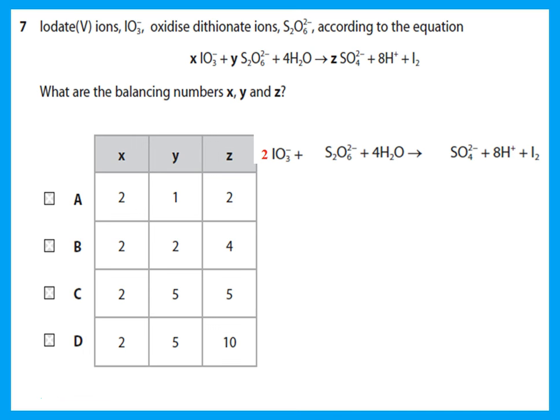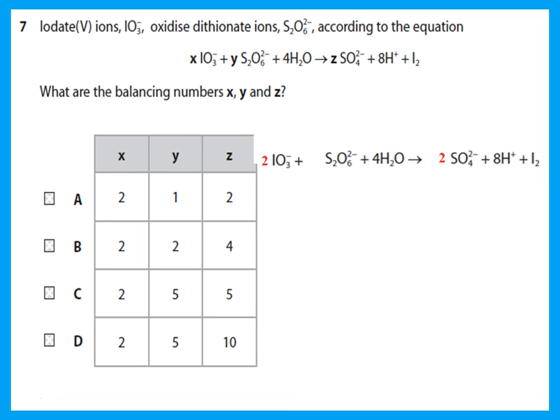Then we look at the sulfur. Before the arrow I have 2 sulfur, so after the arrow I should put 2 sulfur. Now the hydrogens also, before the arrow are 8, after the arrow is 8, so that is balanced. Now we need to look at the oxygens. The problem is we need to balance the atoms and we need to balance the charges.